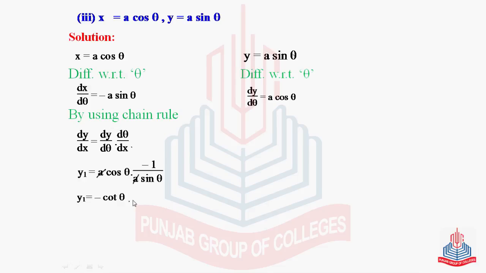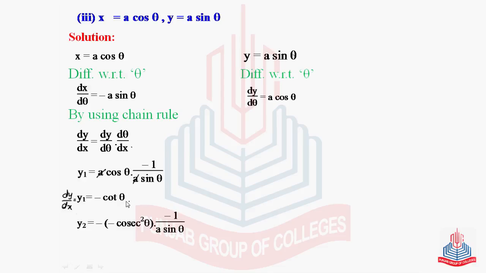Now to find our second derivative y2, as y1 is actually dy by dx, the second derivative is actually d2y by dx square. So just to calculate our second derivative, we have to differentiate with respect to x instead of this theta.